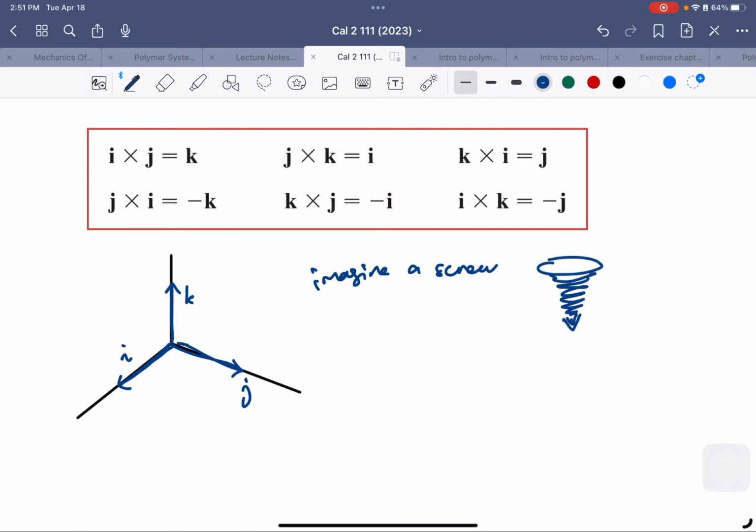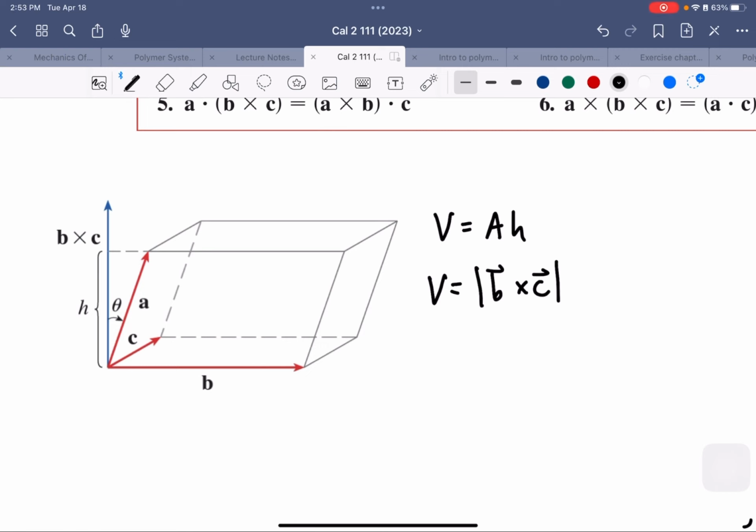The area of the parallelogram with sides B and C is B cross C. The height is, remember the projection, A onto B cross C, which is A cosine theta.